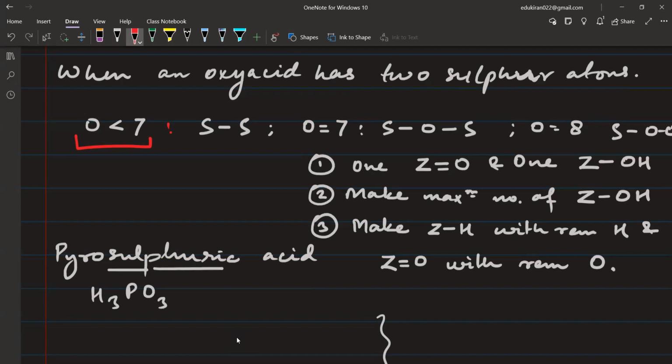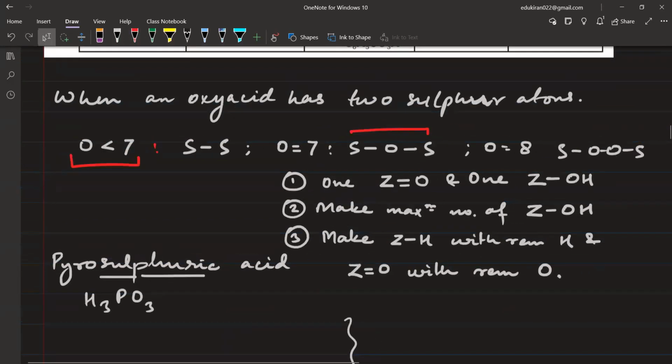If number of oxygen atom is equal to 7, then you will have SOS bond. If the number of oxygen atom is 8 or greater than 8, then you will have SOOS bonds. ठीक है, you will have SOOS. पर ऑक्सी बॉन्ड होगा यहाँ पे.